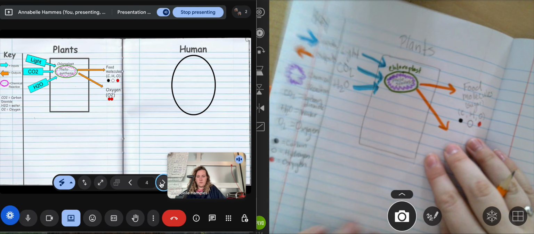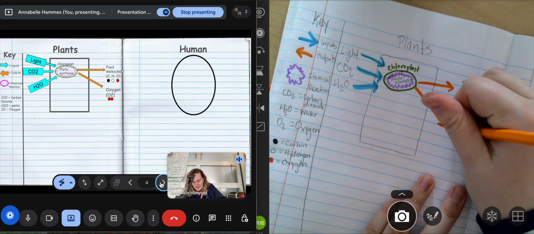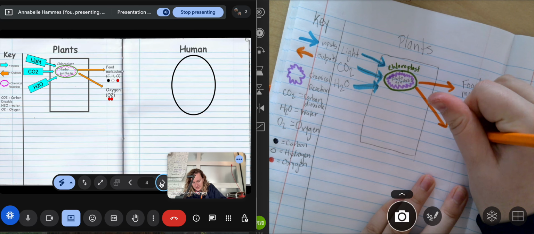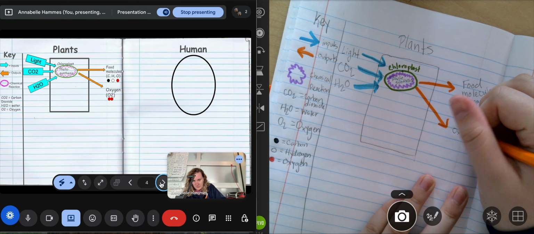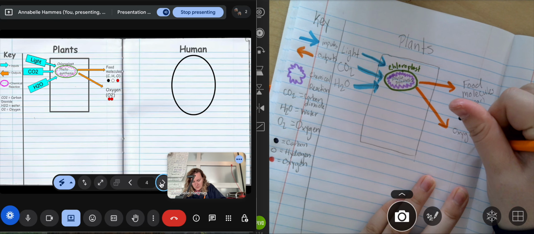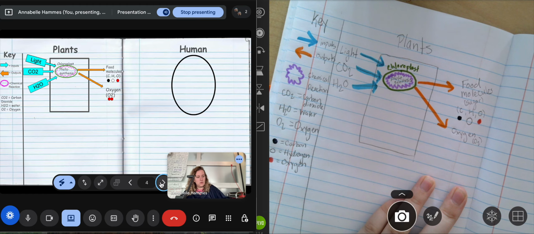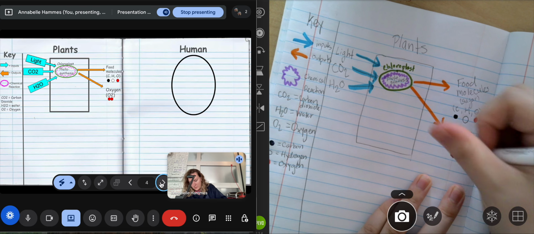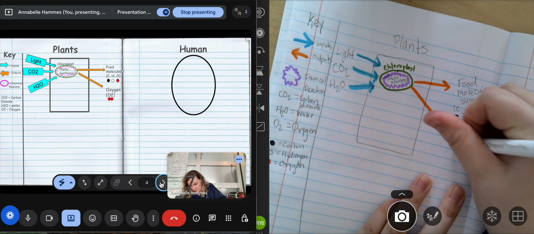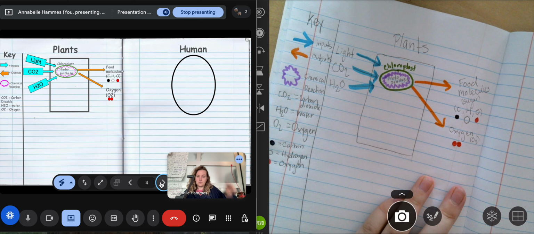What's coming out over here? We have it on our slides. Oxygen, or O2, which is those two oxygen molecules, or atoms.